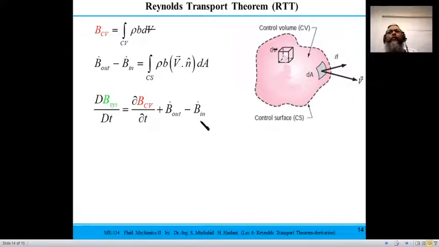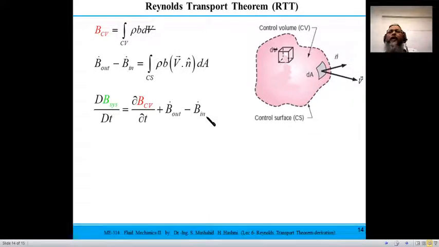This is our inventory equation. This is the rate of change of extensive quantity of the system, which would depend on the rate of change of the extensive quantity within the control volume, plus something coming out of the control volume, something coming in. So B out and B in can be represented by this integral.